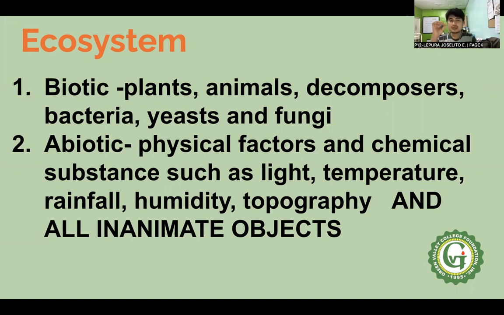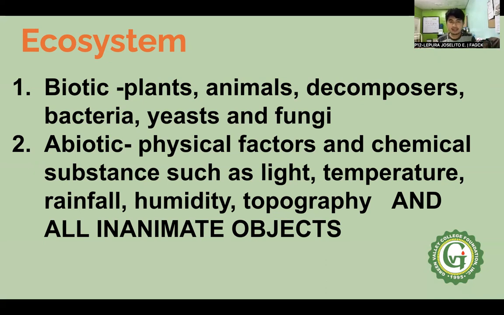Biotic consists of plants, animals, decomposers, bacteria, yeast, and fungi. Anything that has the ability to reproduce and multiply is called biotic. Fungi, yes, possibly because they are microorganisms. They are different from bacteria, but they have the capacity to reproduce.